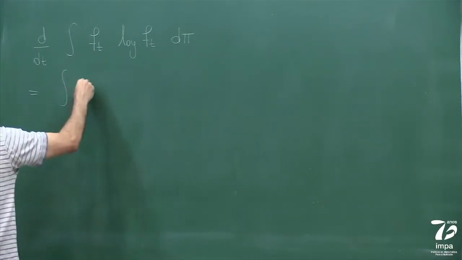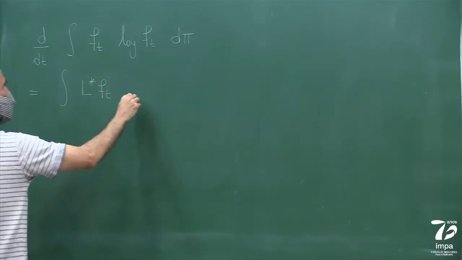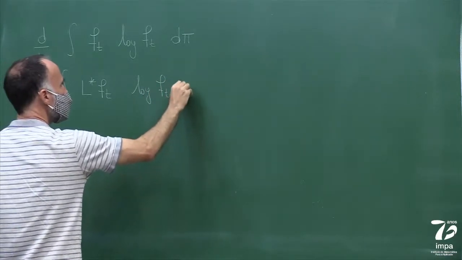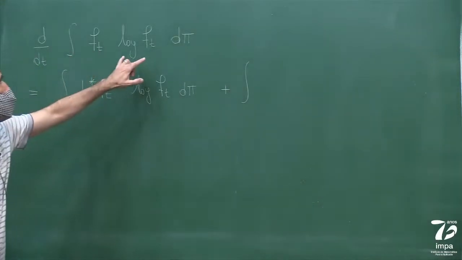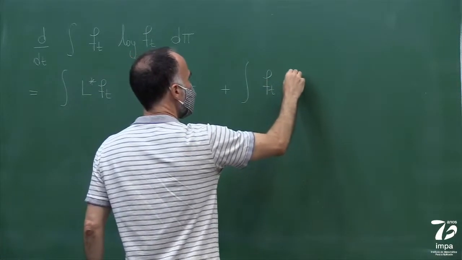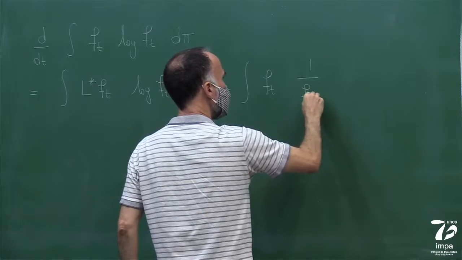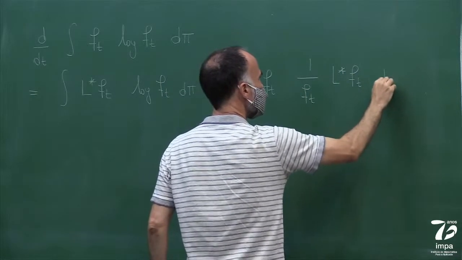So first I take the derivative of Ft log Ft d pi, and then plus I take the derivative of the second term, so this is Ft. When I take the derivative, I get 1 over Ft, L star of Ft d pi.